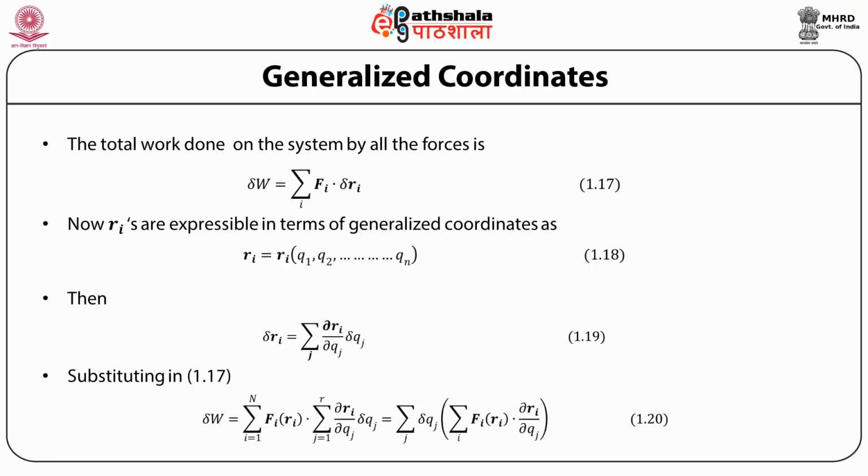Substituting in the expression for the total work done, that equation 1.17, delta W can be written as sigma over i from 1 to n, Fi(ri) dot delta ri, with delta ri substituted from 1.19, which is the sum over j from 1 to r of the partial of ri with respect to qj times delta qj, which can be written, by interchanging the summations, as the sum over j of delta qj times the sum over i of Fi, a function of ri, dot dri by dqj.